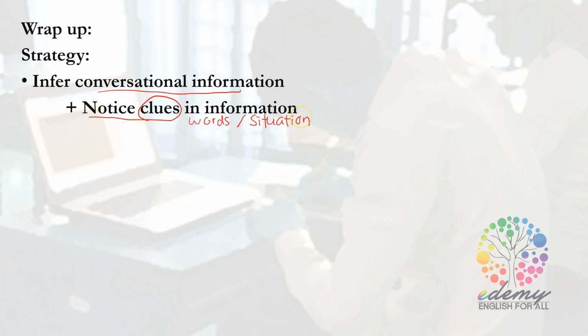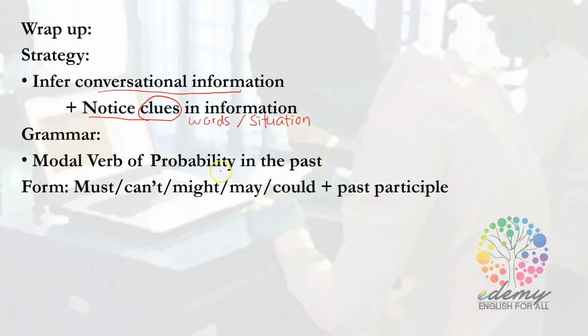And then you also learned about grammar. Today you did the practice on modal verbs of probability in the past. So the form of modal verbs of probability in the past is modal verb plus past participle. And past participle here refers to have plus verb number 3.